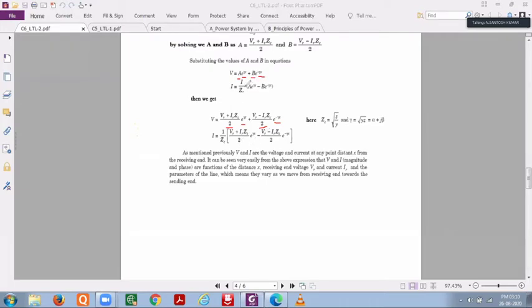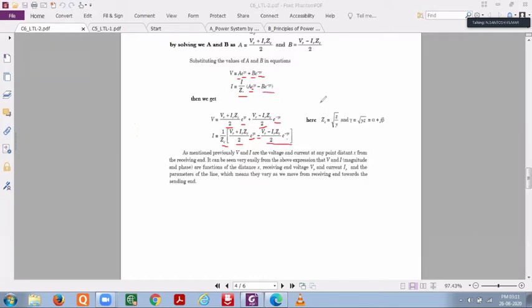So 1 by ZC, A e power gamma X, right? Minus B into e power minus gamma X.